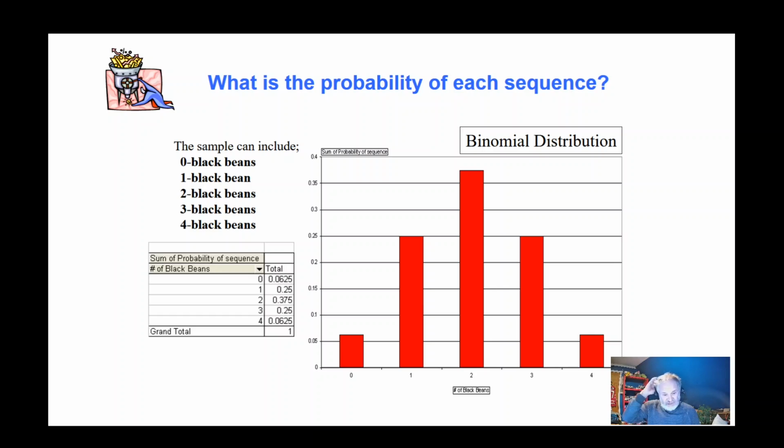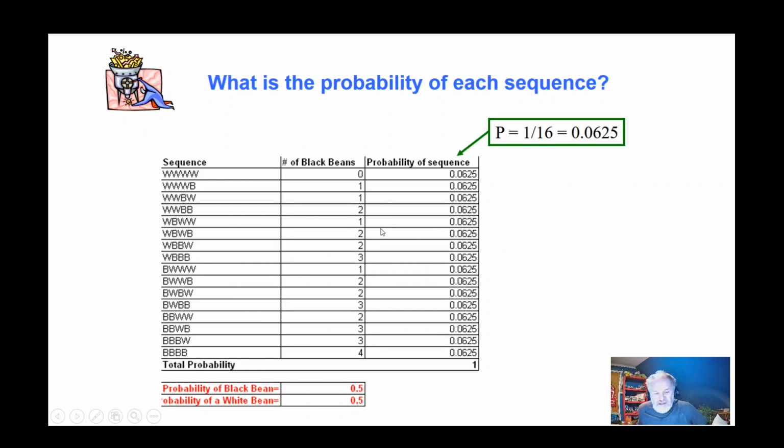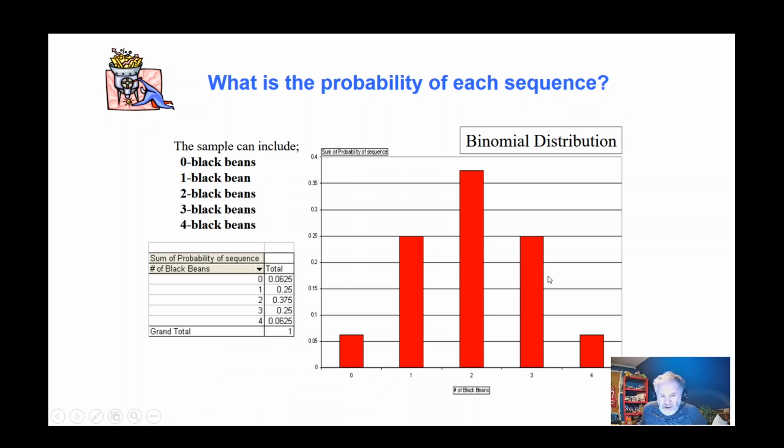And then the probability of 2 black jelly beans is 0.375. The reason is that there are 1, 2, 3, 4, 5, 6 outcomes, so 6 over 16, which is equal to 0.375.